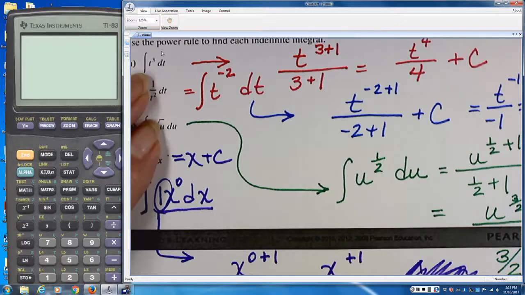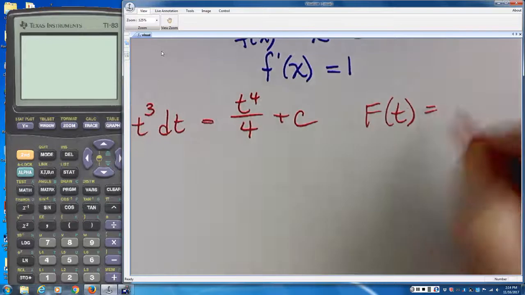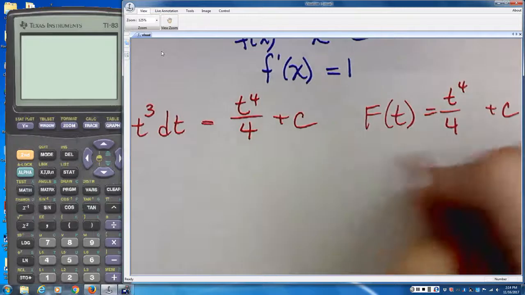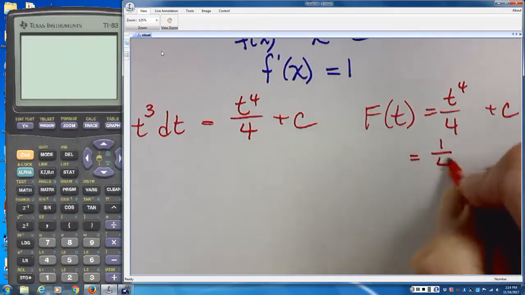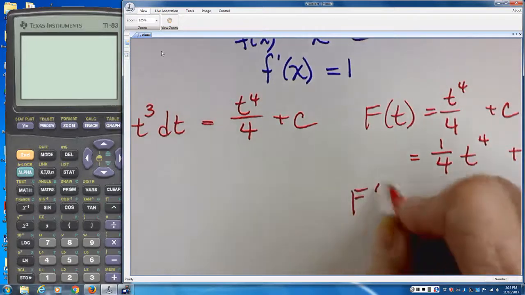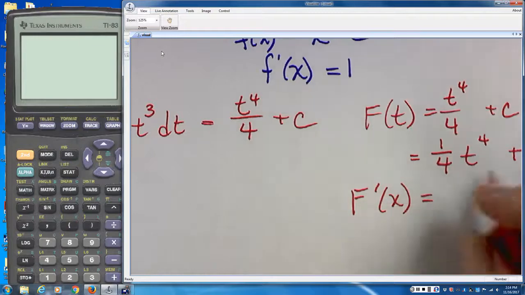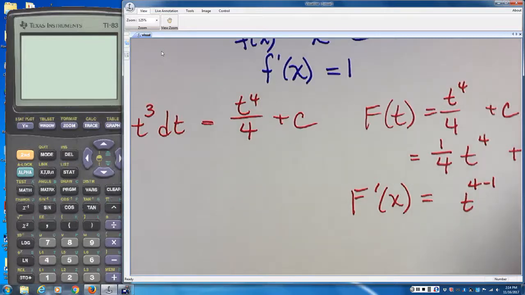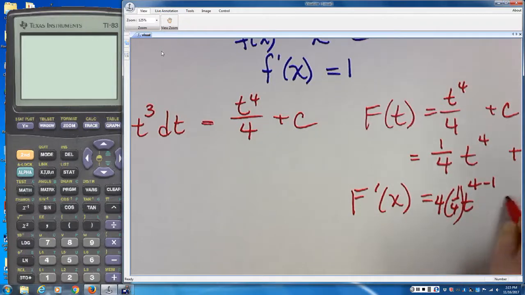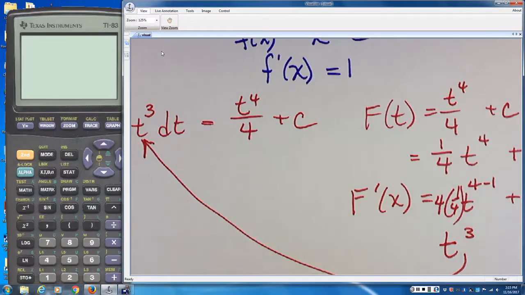If we take that f of t is equal to t to the fourth over 4 plus a constant, that's the same as 1 over 4 times t to the fourth plus a constant, and then the derivative of that is t to the 4 minus 1, and then the 4 comes down in front of the 1/4, and then the derivative of your constant is 0, so 4 times 1/4 is just 1, and 4 minus 1 was 3, which checks.